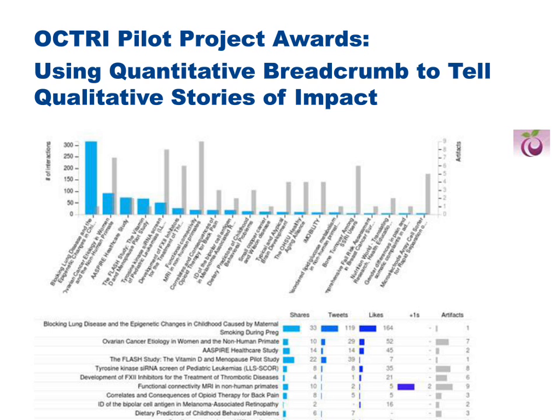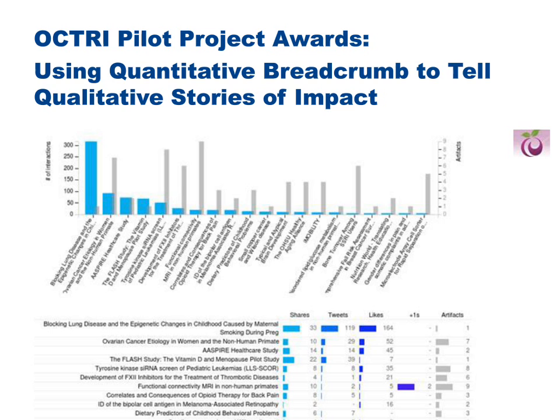So we're currently working with them to ingest artifact information about each of the pilot project awards it has sponsored since 2006. And you get a view of that here within the Plum interface.